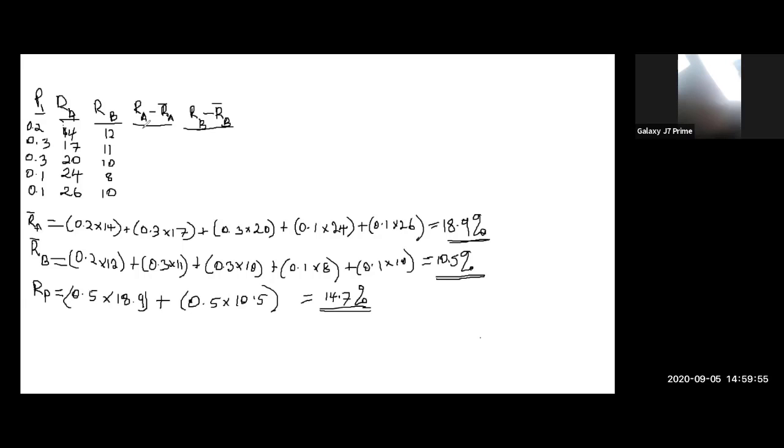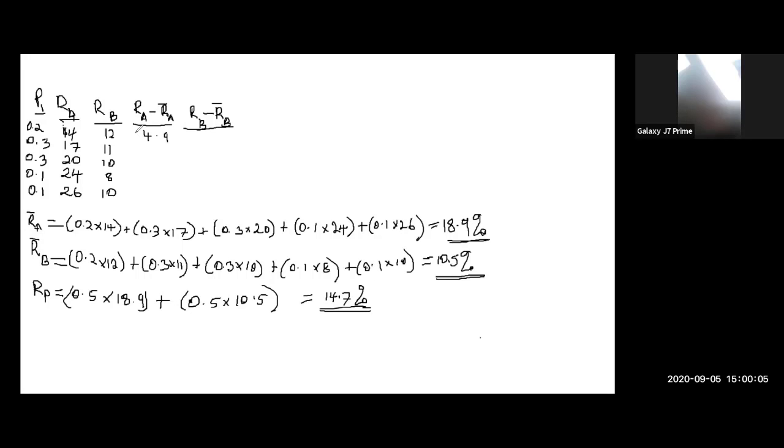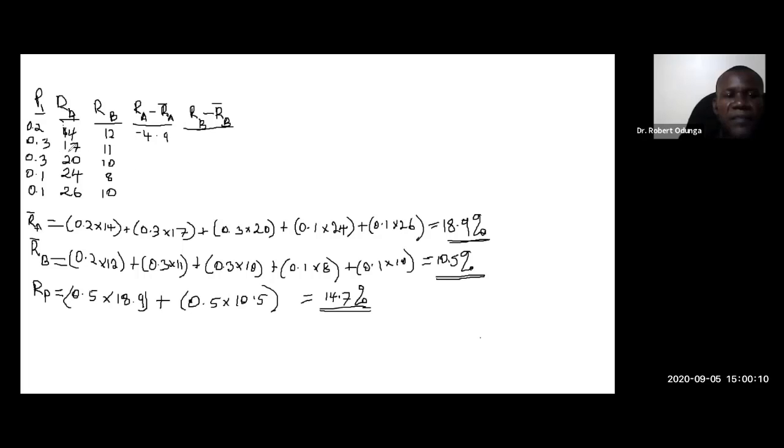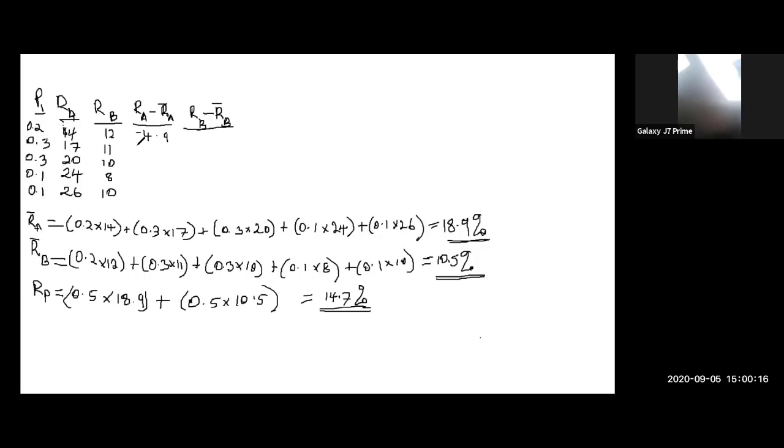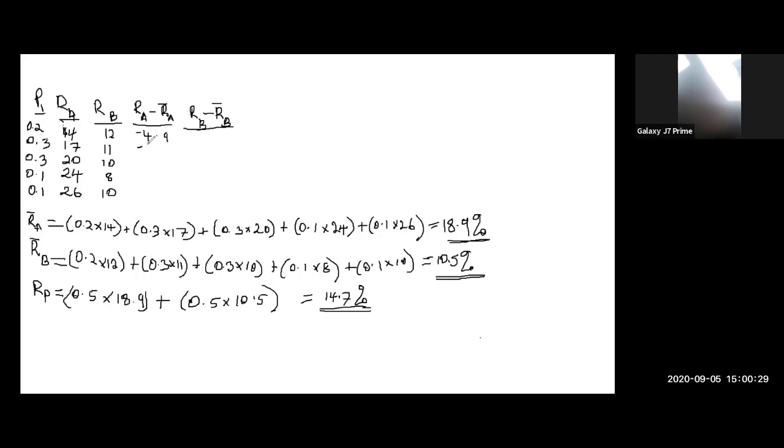4.9. Negative or positive? Negative 4.9. And for this one, 17 minus 18.9, what do you get? Negative 1.9.